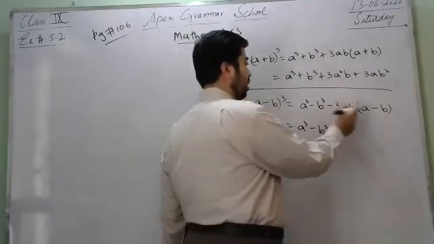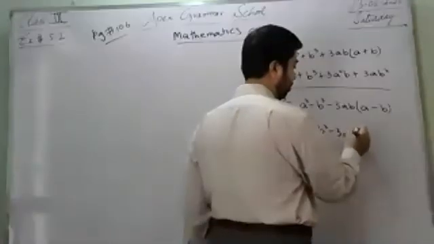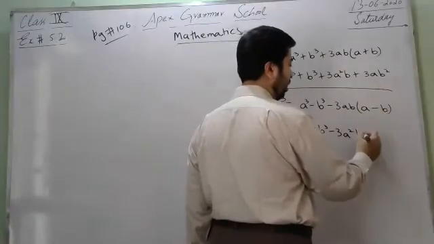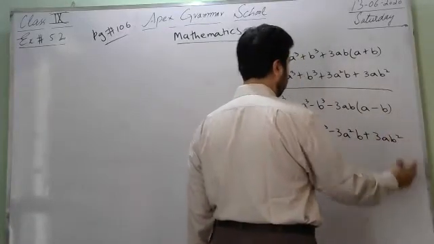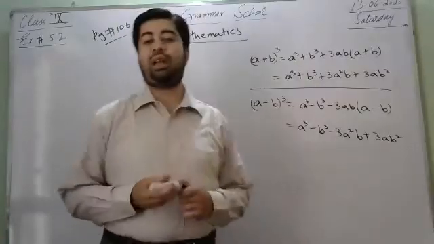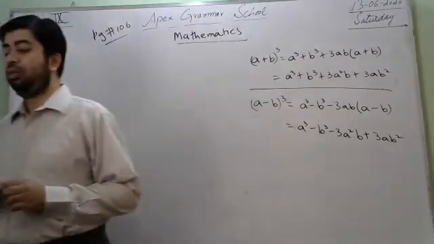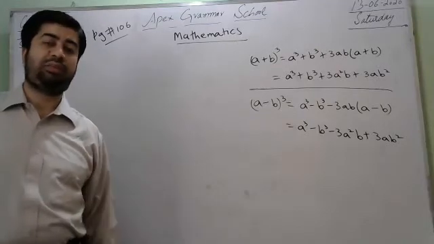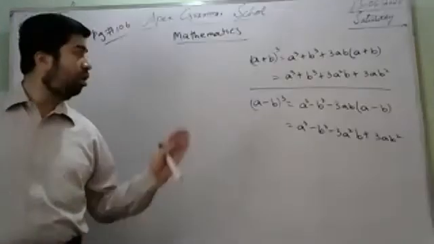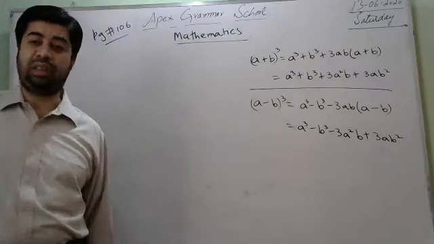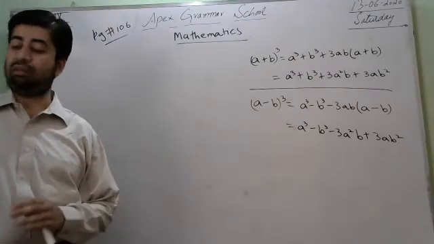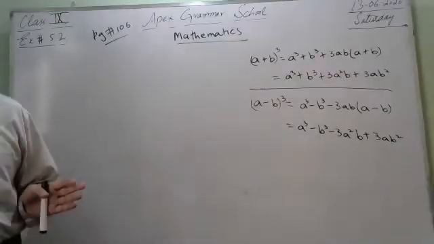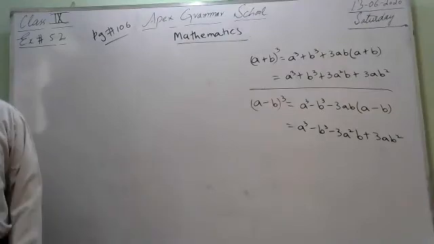So this is minus 3a square b, then minus into minus plus 3ab square. So you must learn these formulas. If any student can't go through these formulas, he or she can't do these questions, this factorization, because it is very important.